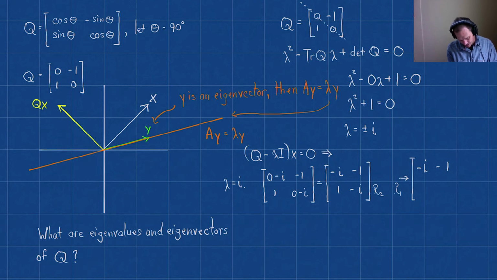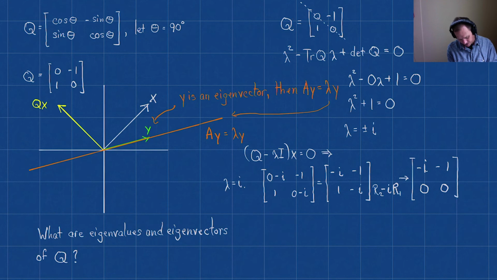I'll just fix that. So then I have, that becomes a 1, and then a minus i times a minus i is a plus i squared, which is a minus 1. That's 0. And then I have a minus i plus an i. That's a 0. There's our suspicion.